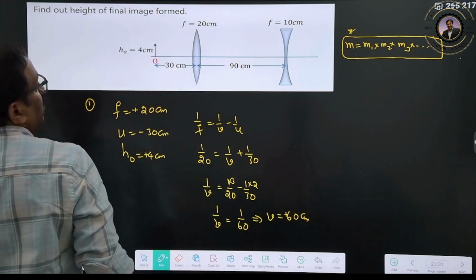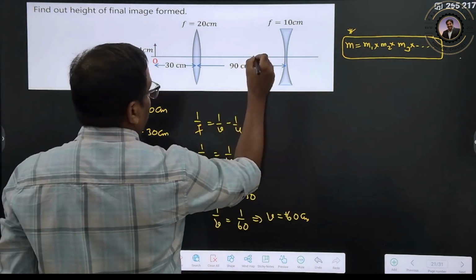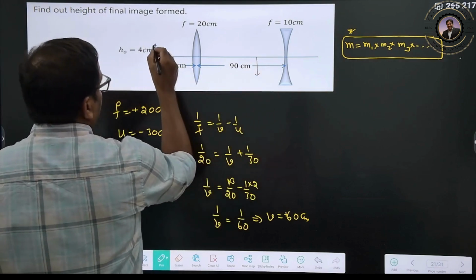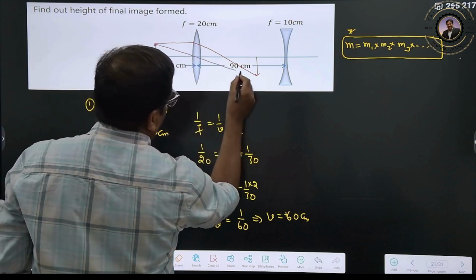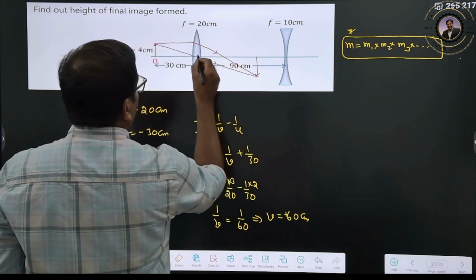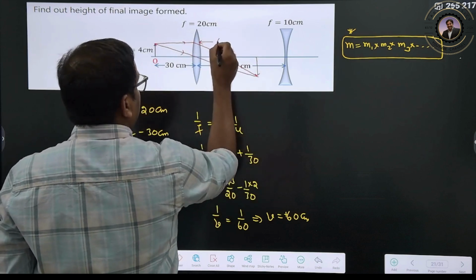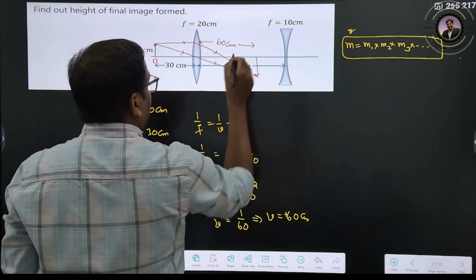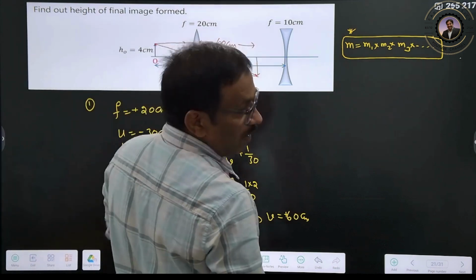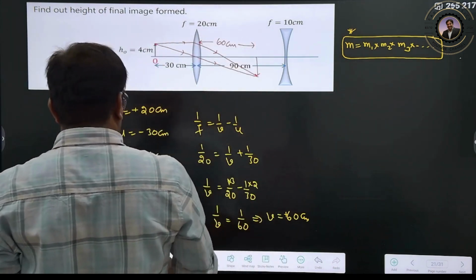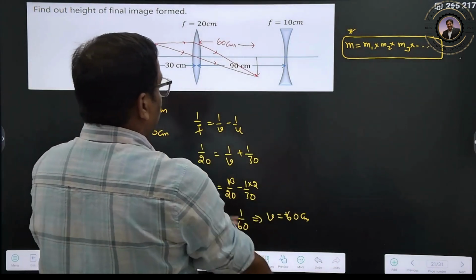Okay, so what is going to happen now? Here, somewhere at 60 centimeter, the light rays are coming and falling here, so this is your image, at a distance of 60 centimeter. Clear? Now we got this much. We will calculate the height of the final image later.